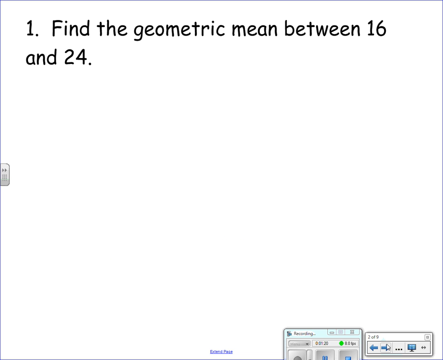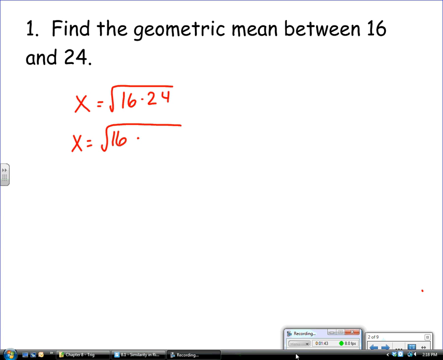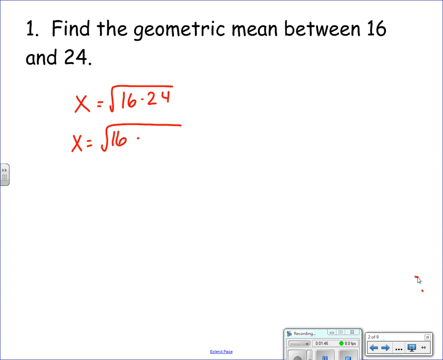So first example, find the geometric mean between 16 and 24. So the geometric mean between them, you find the square root of their product, 16 times 24. Well, I'm going to start breaking that down. 16 is already a perfect square. 24 is 4 times 6.